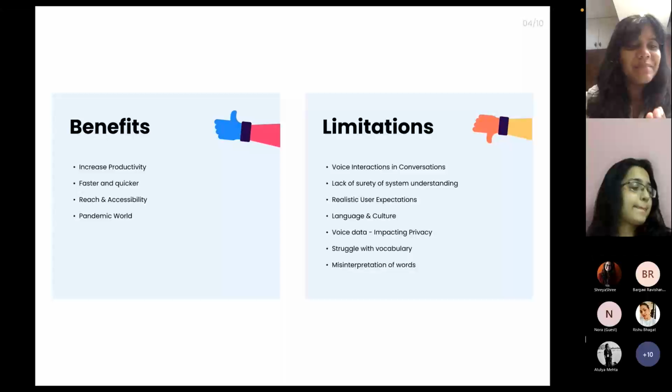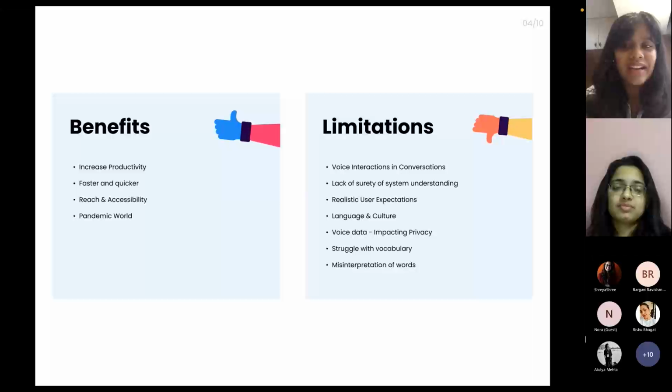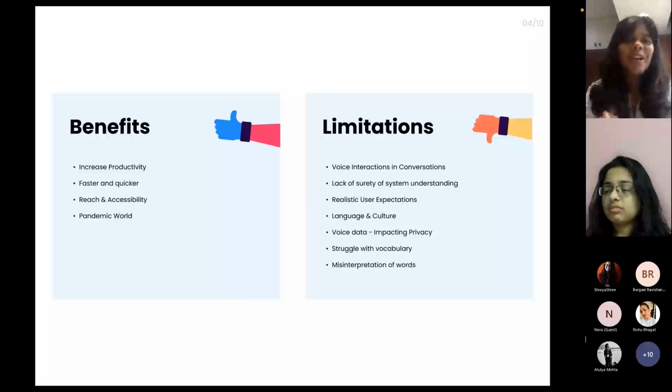And the last point is the pandemic world. I felt that this point is very, very important because we've all faced it, no matter where we are in today's world. Because of the pandemic, we've all come to a stage where we do not want to have contact with surfaces. We want to have the least amount of contact with devices that we're interacting with.